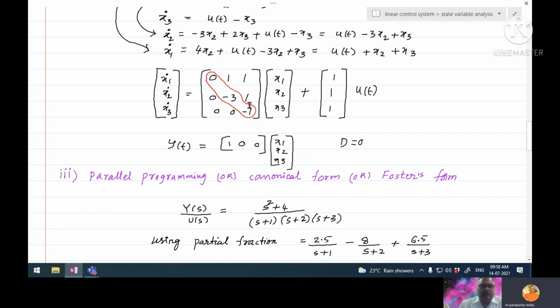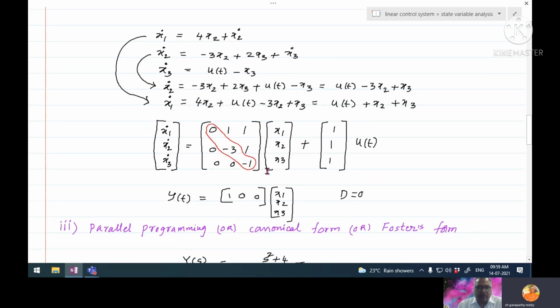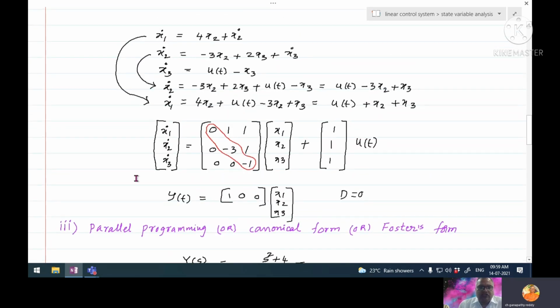So in this red circle, those values are coming; below this all zeros, above the diagonal all ones. The denominator terms, 1, minus 3, will come in the diagonal. Then here all are 1, 1, 1. Then y of t is 1, remaining zeros. So based on that logic, we can straight away write the state equation.